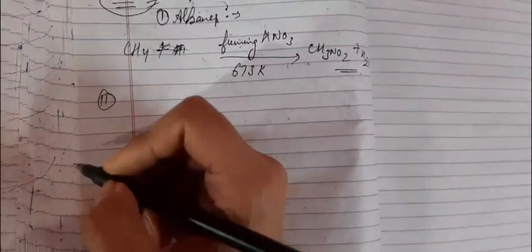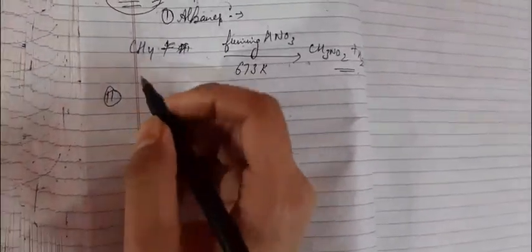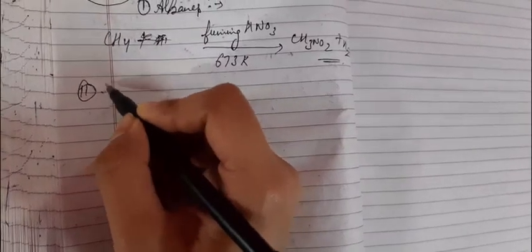The second method to prepare nitroalkanes is from alkyl halides.